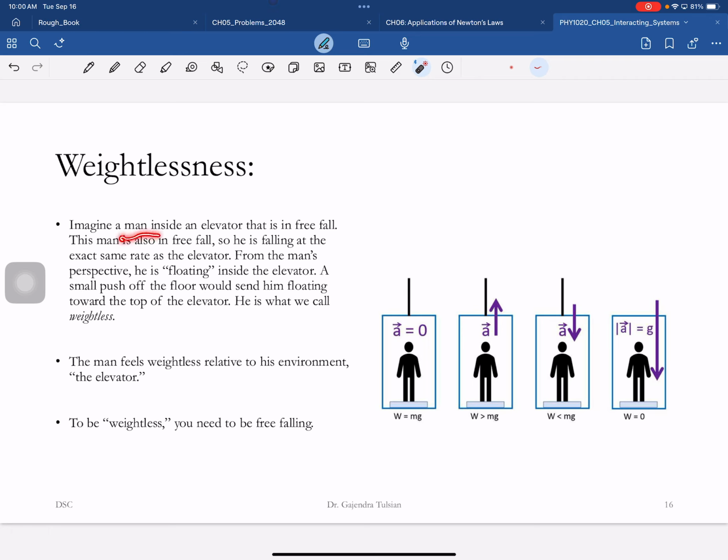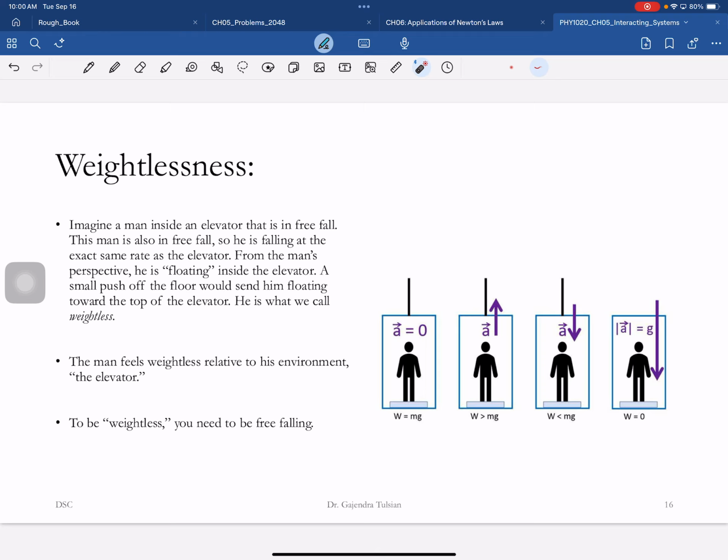If a man is in an elevator that's in free fall, you cut the cable, and he stands on a scale in the elevator, the scale will read zero.